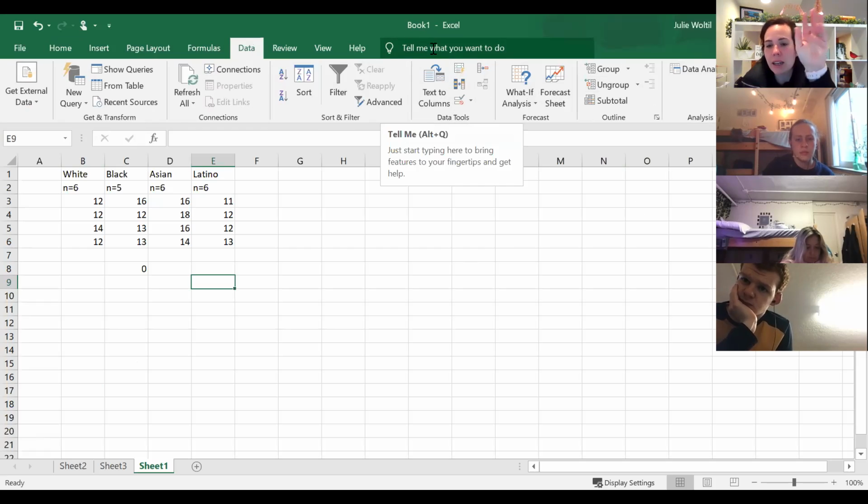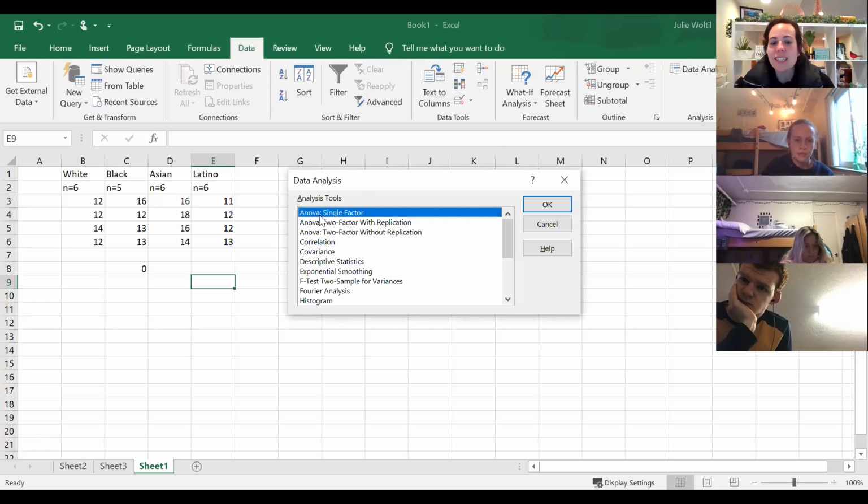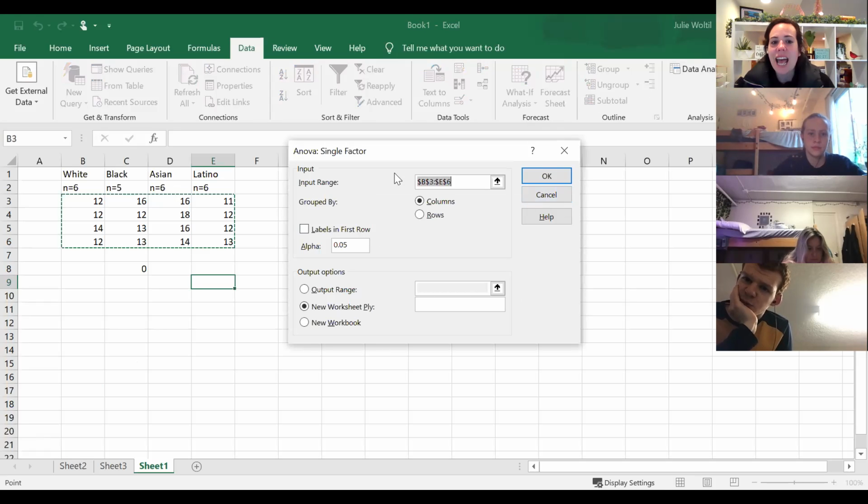You just click on it and it downloads it for free. Then you'll have this extra button. You select single factor, the very first one, ANOVA single factor. You click OK, and then it has you select your input range.